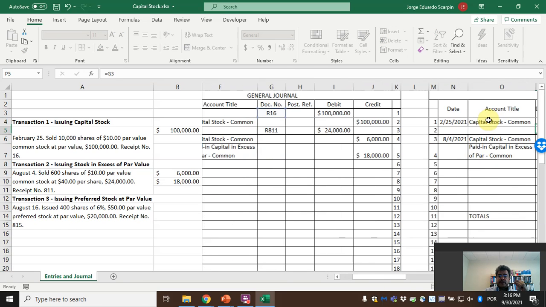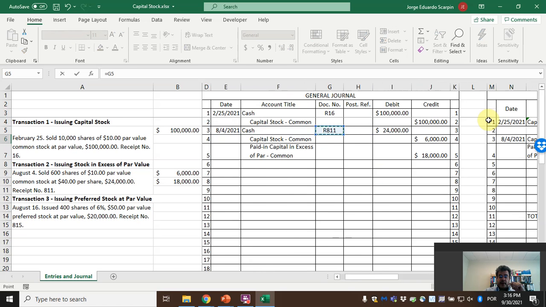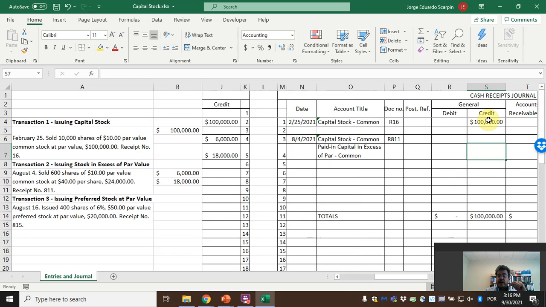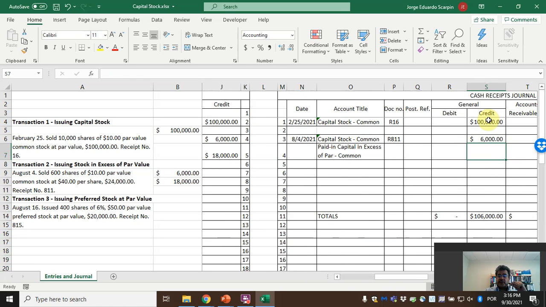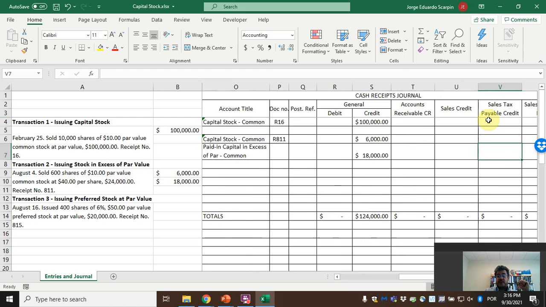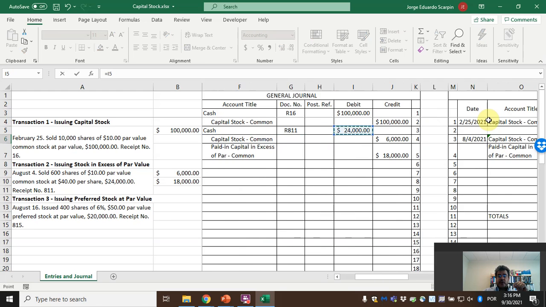First one receipt 16. The second one receipt 811. Our credit for capital stock common 6. Paid in capital in excess of par for common stocks 18. And the cash debit in either of those rows here, the 24.